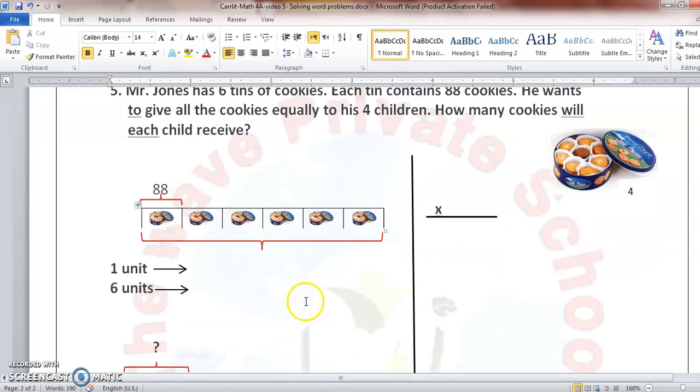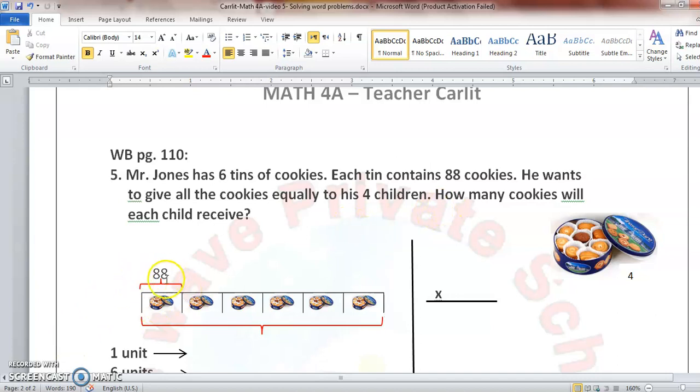Okay, let's plot like this. 6 boxes of cookies, or 6 tins. 1, 2, 3, 4, 5, 6. Okay, 6 tins or 6 boxes. And each box has 88 cookies, like this. So the question here is, how many cookies are there in 6 boxes?